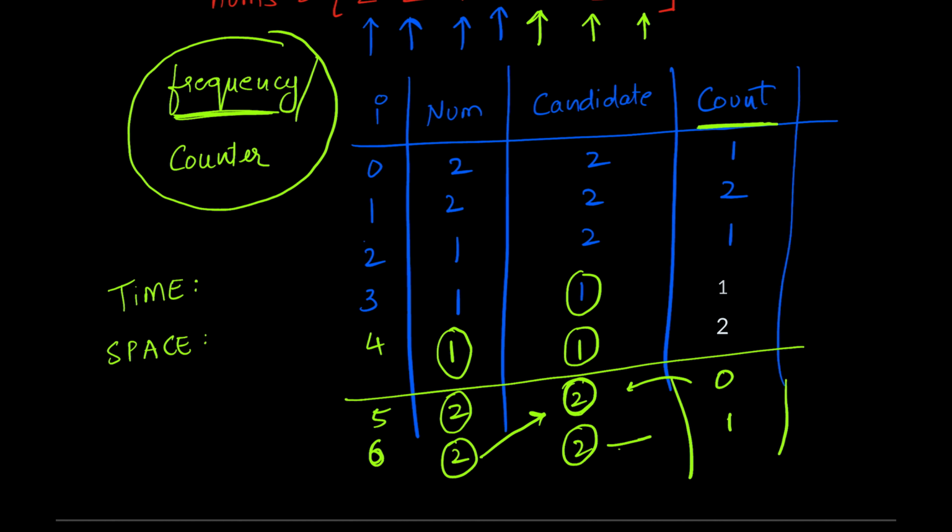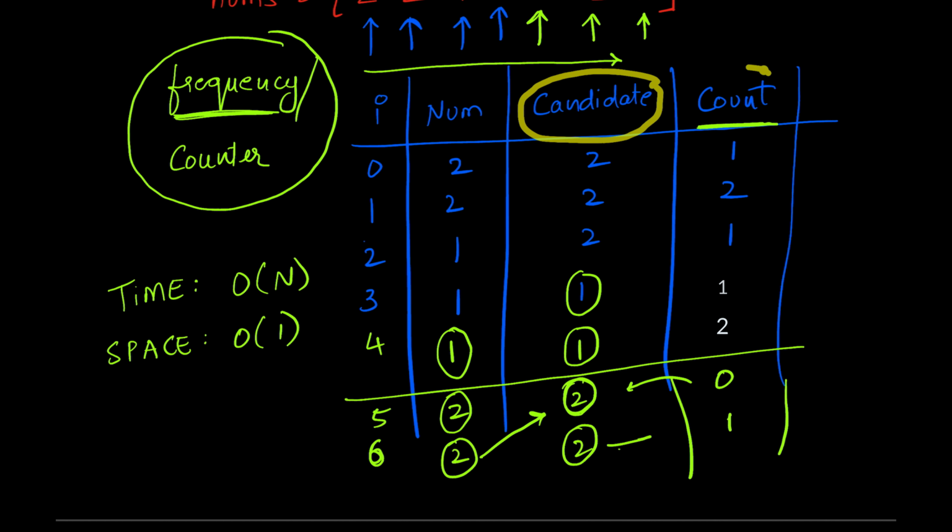With this solution, our time complexity is O(n), as we ran a single iteration on the input array to identify the candidate and its corresponding count or frequency, while the space complexity is O(1), as we are using only these two variables, the candidate and the count, to record the majority element and its corresponding frequency. I hope you were able to understand this explanation.